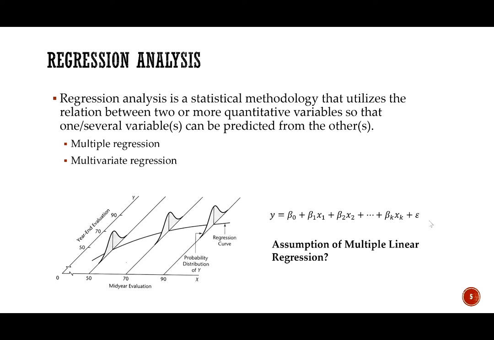Regression analysis is a statistical methodology that utilizes the relation between two or more quantitative variables so that one or several variables can be predicted from the others. There are two types of relationship, functional relationship and statistical relationship. When we are dealing with a functional relationship, for each x value, there is one and only one y value, and that's the definition of a function.